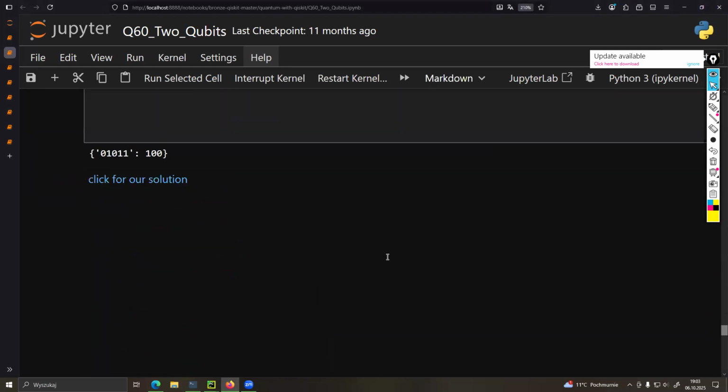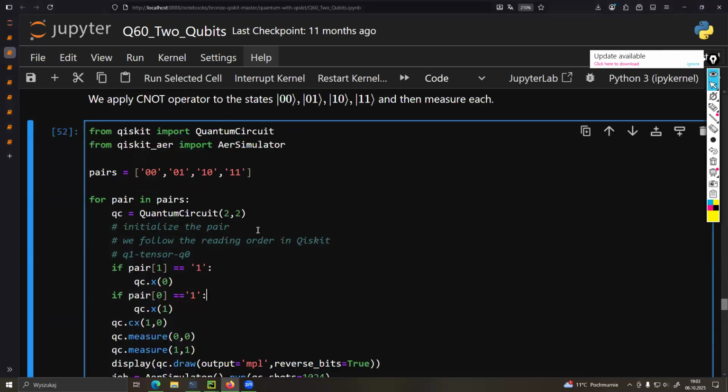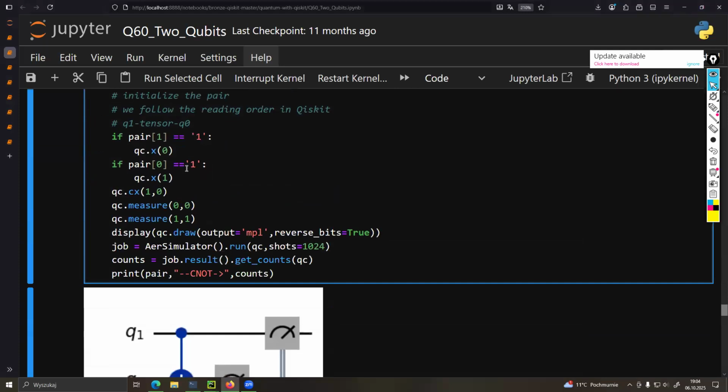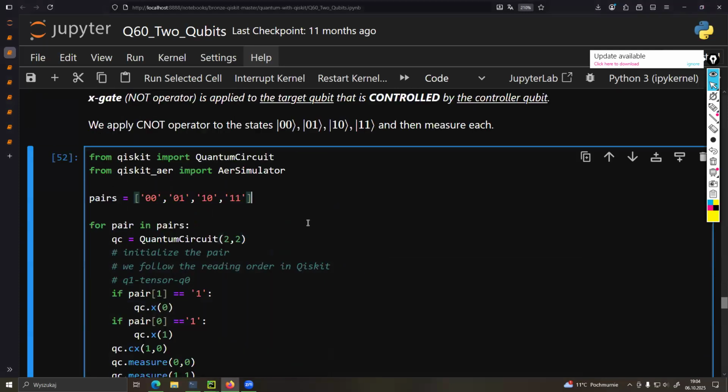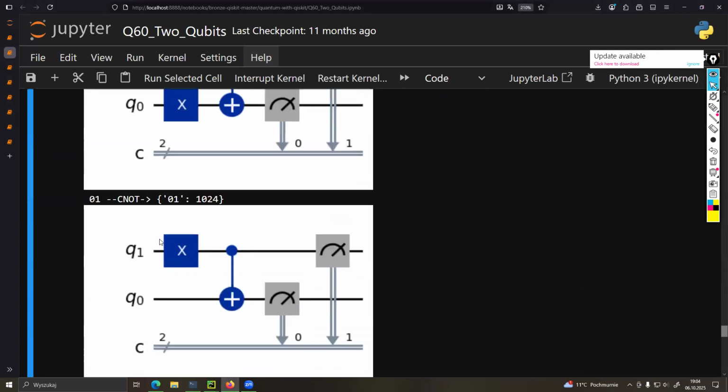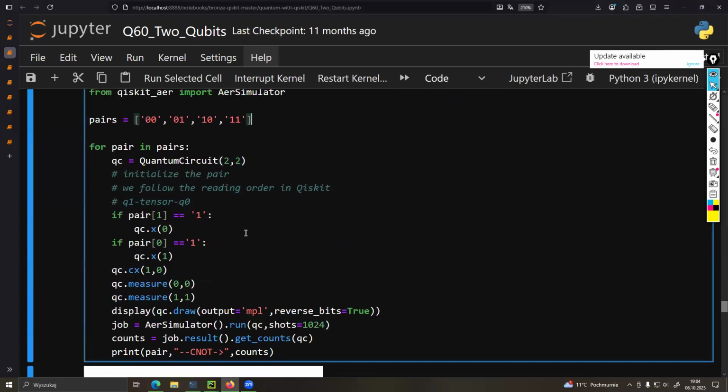So if we measure it, we also instantiate a quantum circuit with anonymous registers. And for each pair of the input, we can check the results. I will also make a barrier right here.